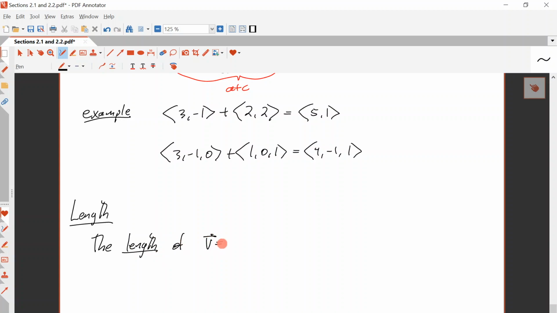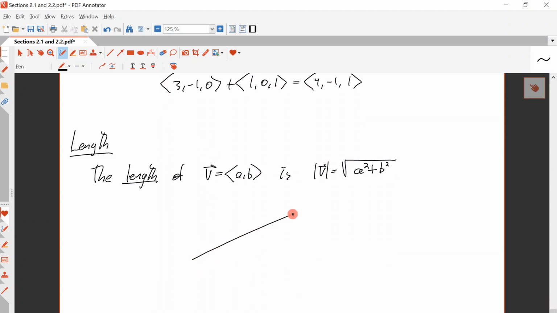The length of v equal to (a, b) you denote with absolute value symbols around v, and you just call it length. It is equal to the square root of a squared plus b squared. That comes from the following: if this is the vector v with coordinates a and b, that makes this vector the hypotenuse of a right triangle, like we were talking about before, with one leg of length a and the other leg of length b.